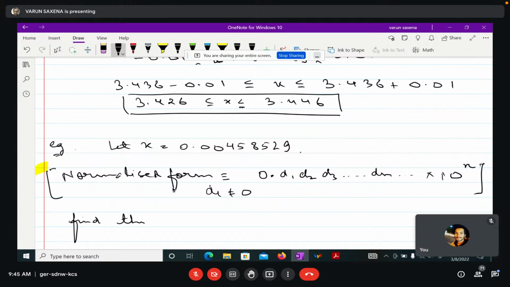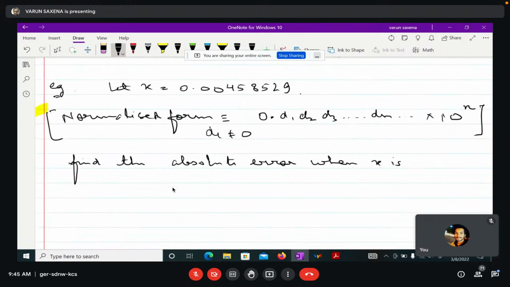So the question is find the absolute error when x is truncated to 3 decimal places.